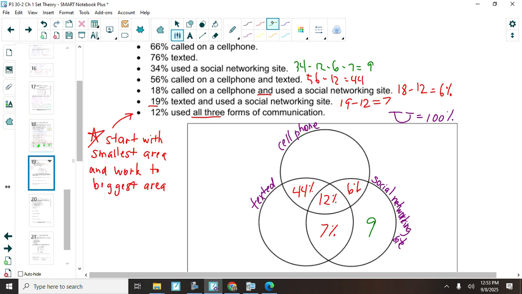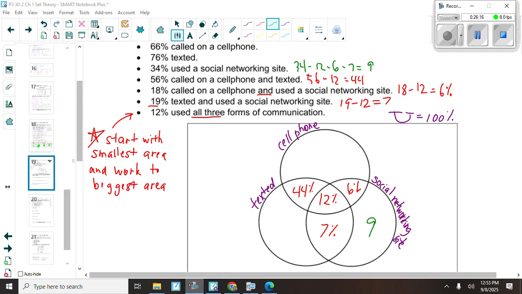Okay, see if you can fill out the next one. Texted. 76 total people in the whole circle texted, but we've already accounted for some. So how many texted only? We should have 76. We're working on texted.